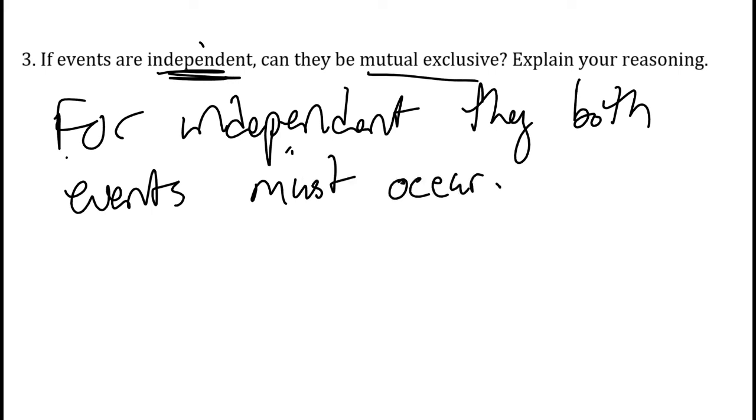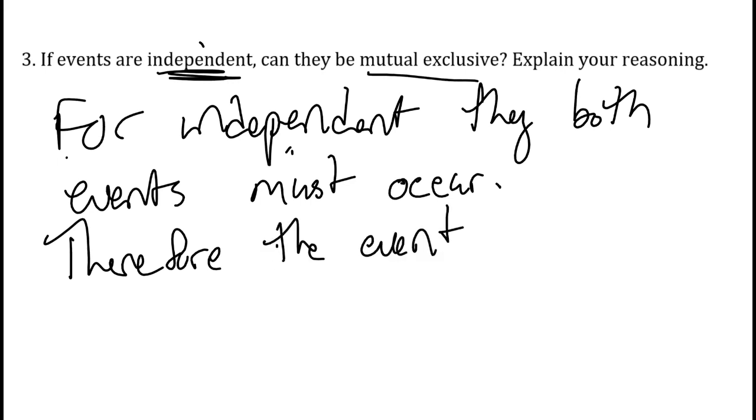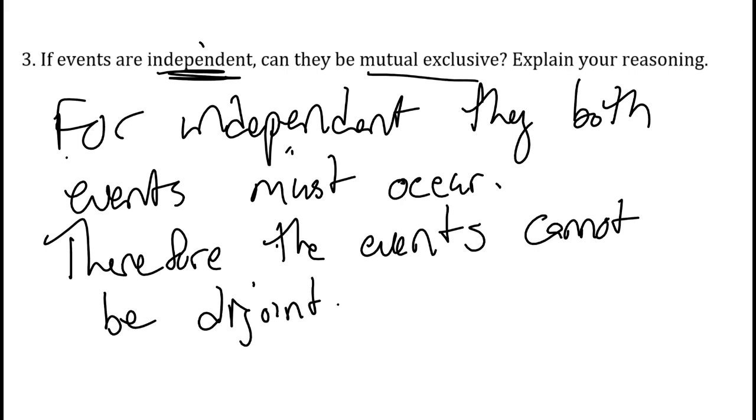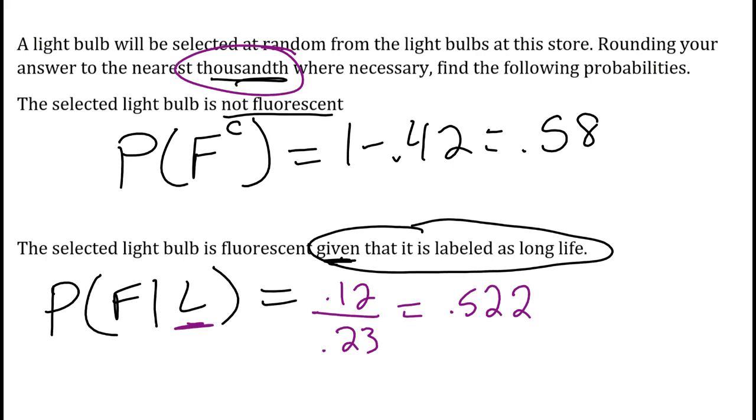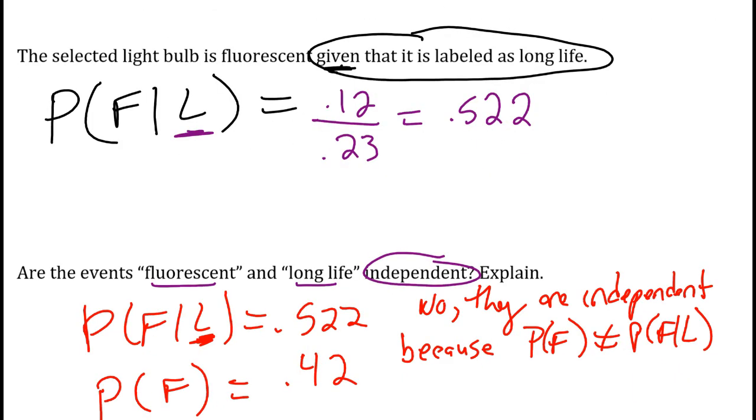Well, if both events must occur, can they be mutually exclusive? Therefore, the events cannot be mutually exclusive. They cannot be disjoint. Because if we think back to our fluorescent light bulb question, to compute this conditional probability, that was our AND probability right there.